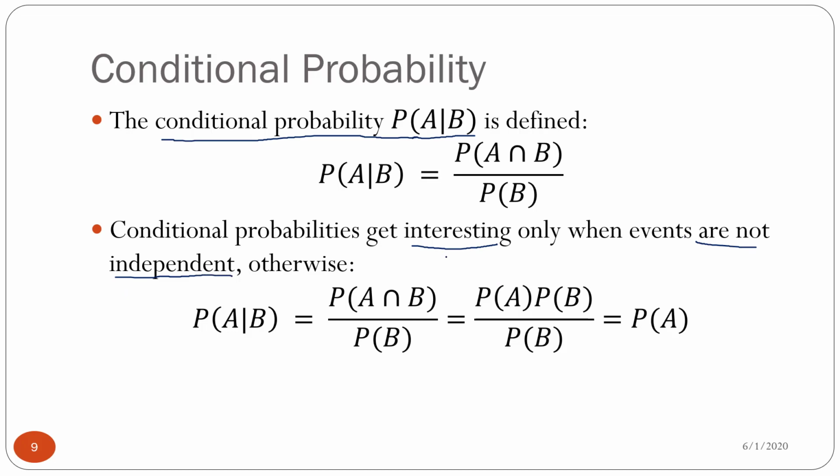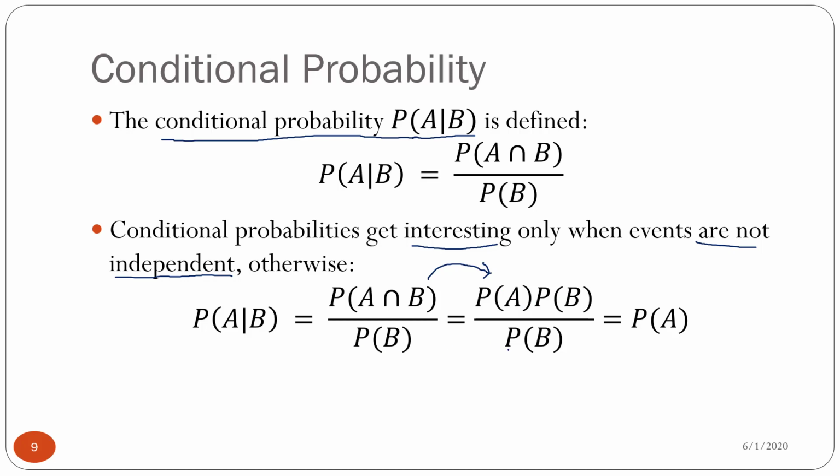Because if the events are independent, then we can write the probability of A intersection B as the probability of A times the probability of B. So if A and B are two events which are independent of each other, we can write the probability of A intersection B as the probability of A multiplied by the probability of B.